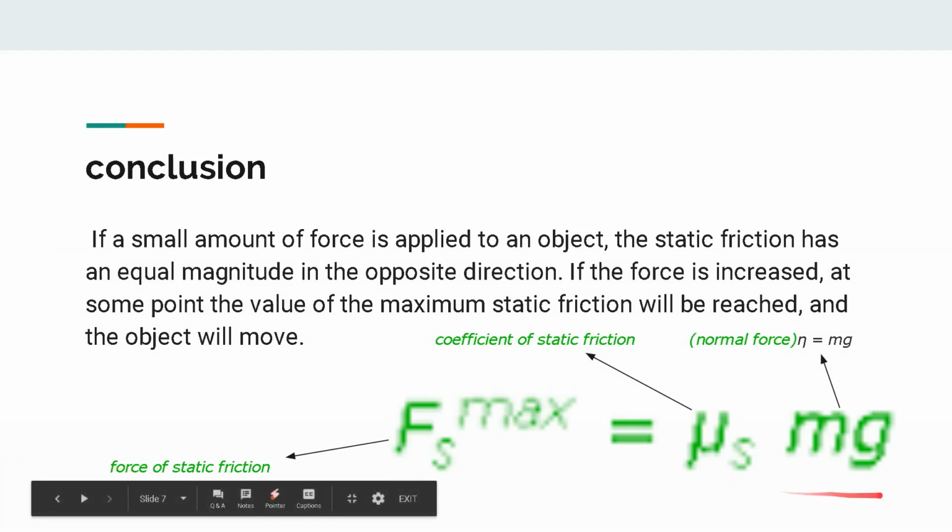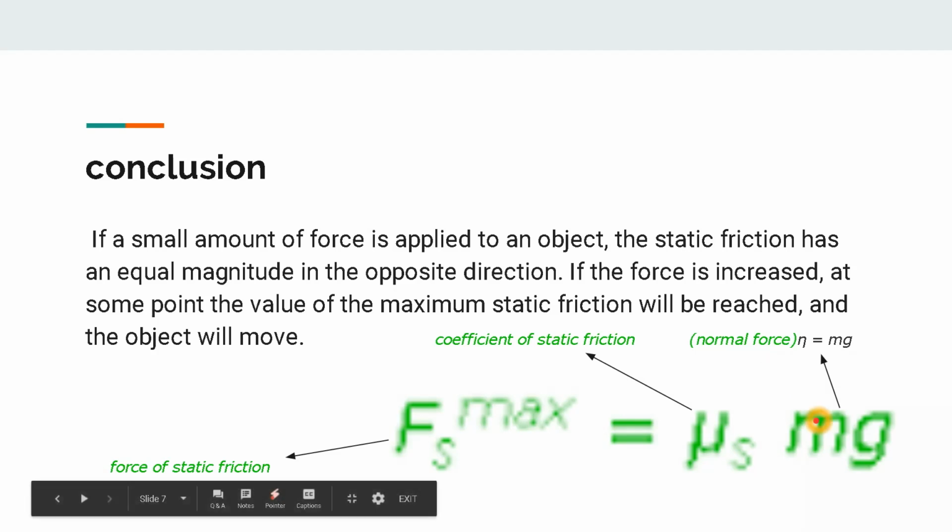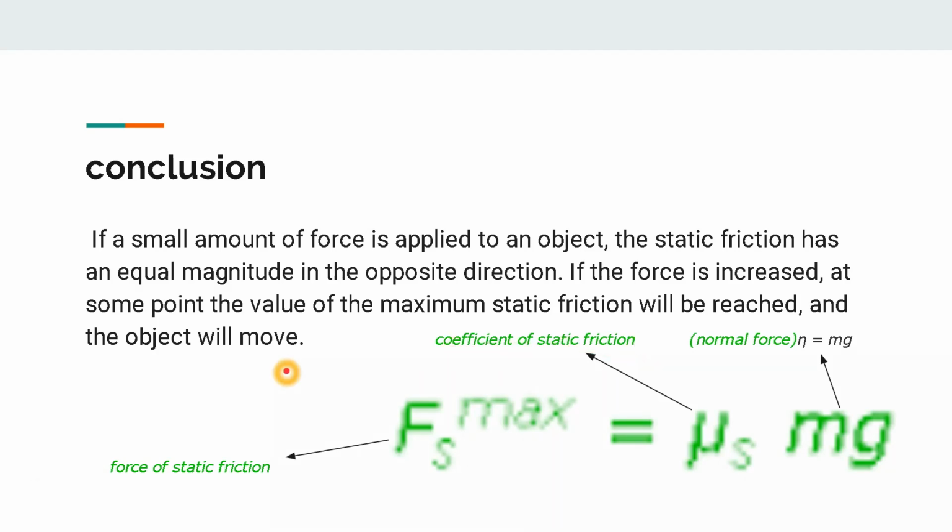This is the equation for static friction. This is the coefficient of static friction, and this is the normal force. There's also the kinetic friction equation I forgot to add, but you remove the s and put k instead. So it's the coefficient of kinetic friction. And that's pretty much it.